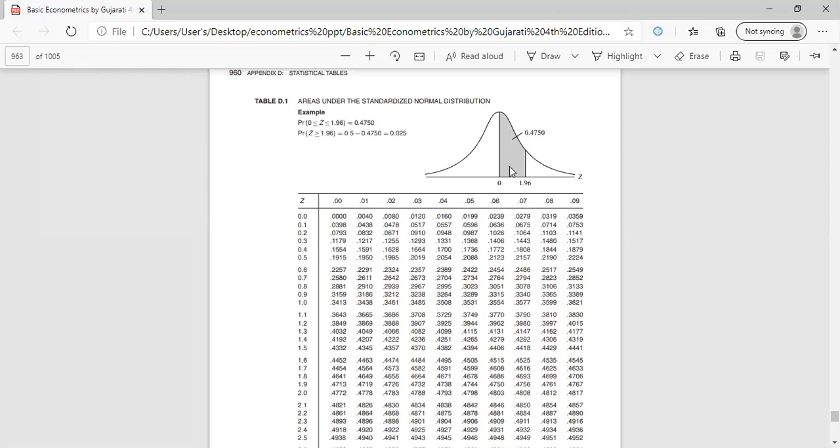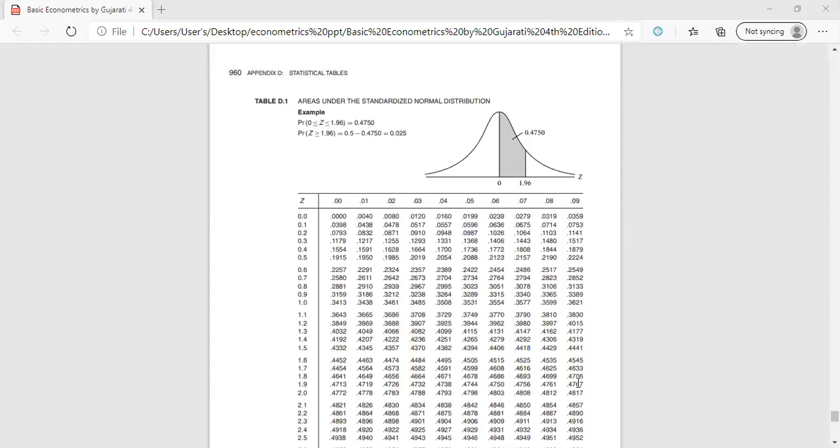That area we added, which is 0.4938. So I added these two to get this probability, which is 0.9938.